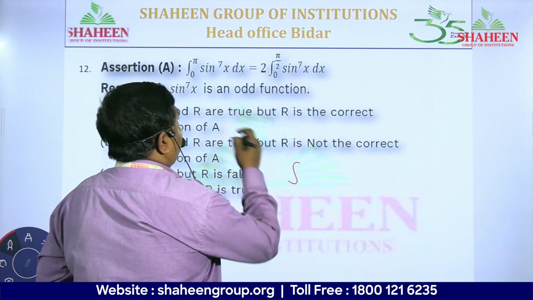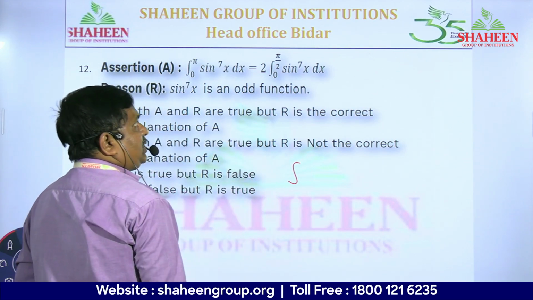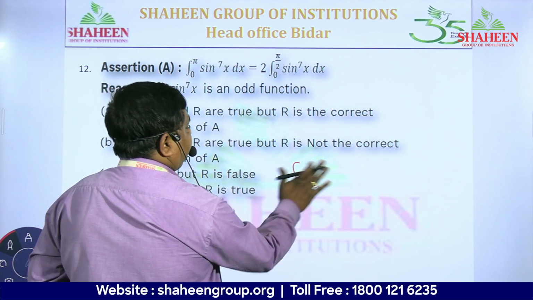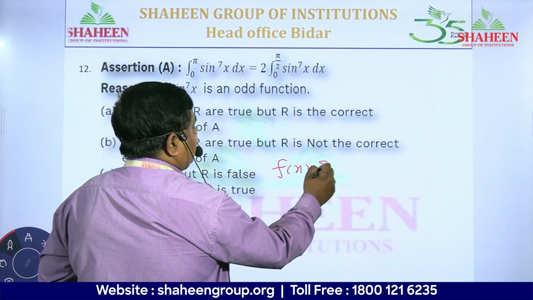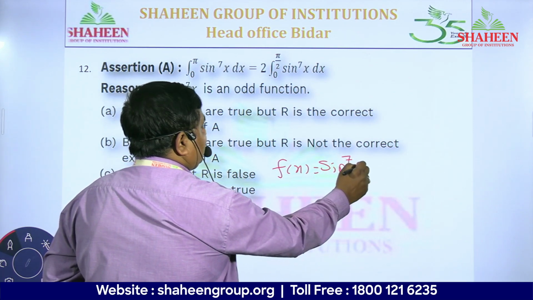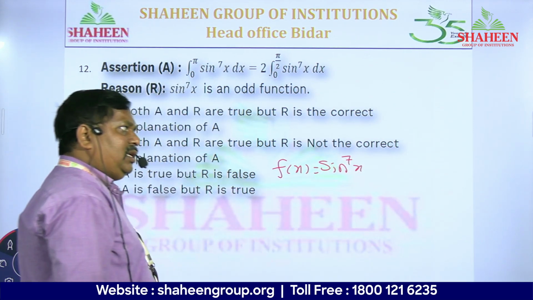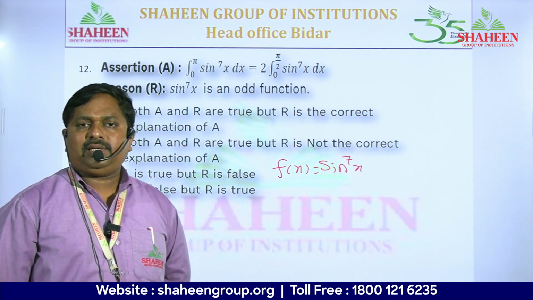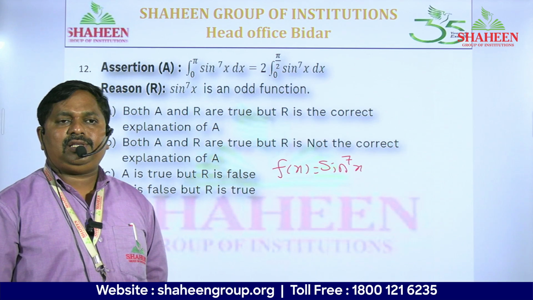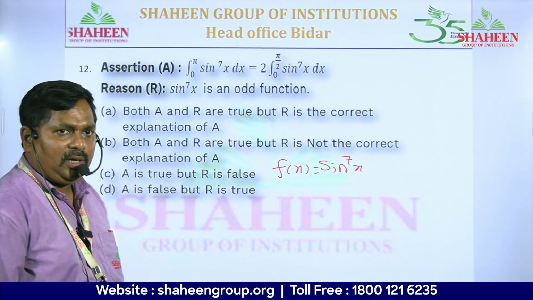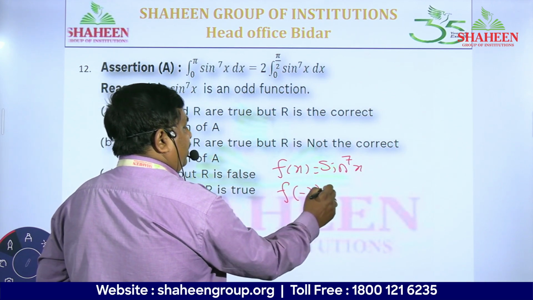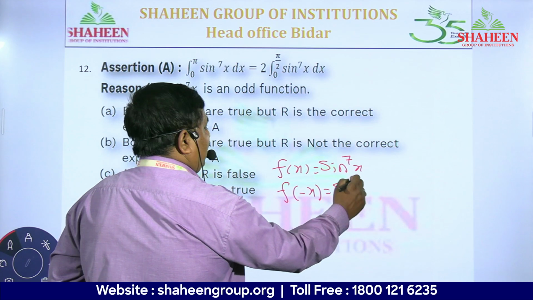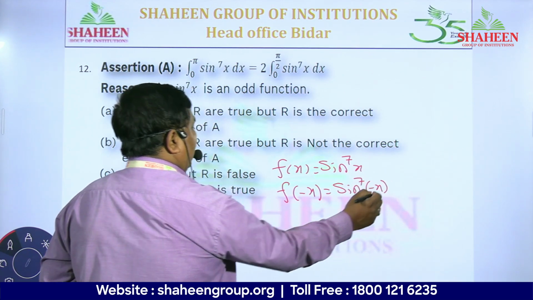Integration from 0 to pi sin power 7x dx. In that, f of x is sin power 7x. Let us check whether this function is an even function or an odd function. By substituting x equal to minus x, f of minus x equals sin power 7 of minus x.